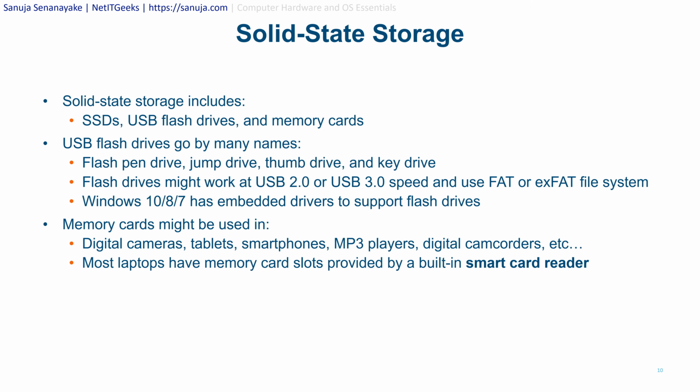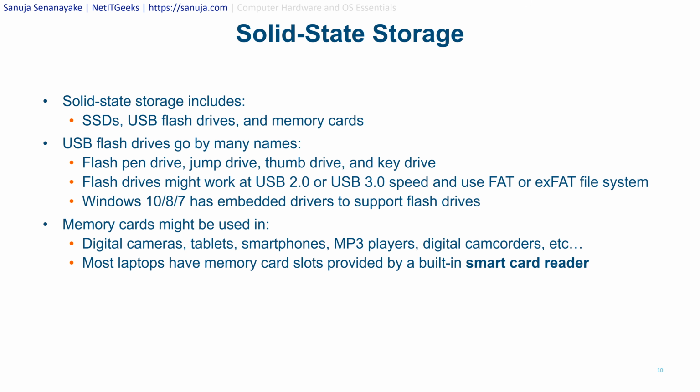Windows 10, 11, 8, and 7 all have embedded drivers to support flash drives. Same with Apple macOS, which has drivers set up in the operating system that can handle USB flash drives.